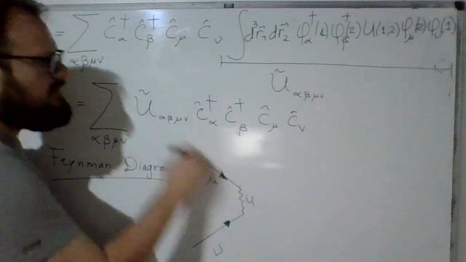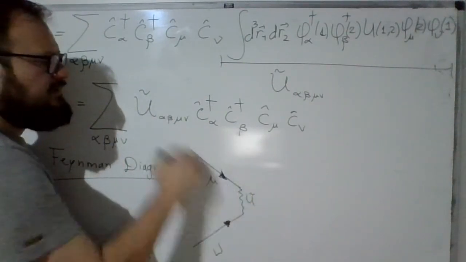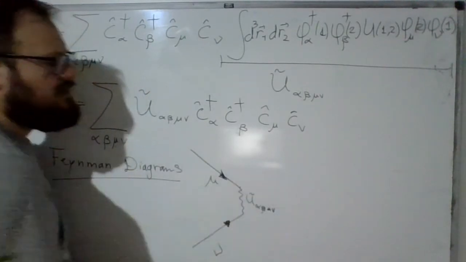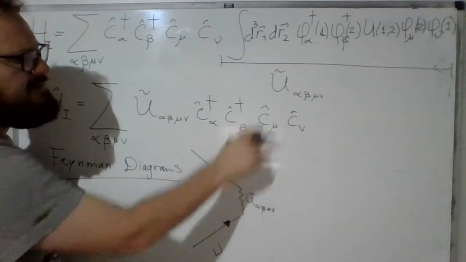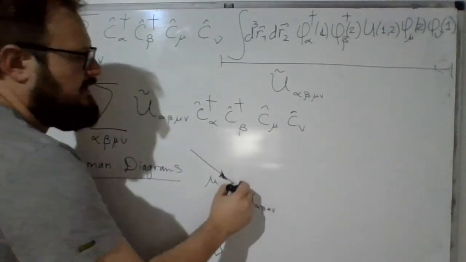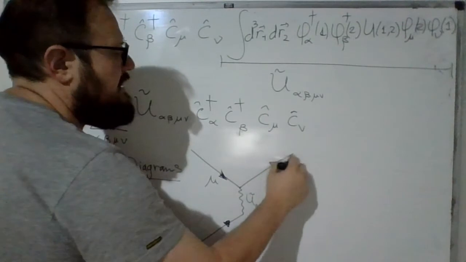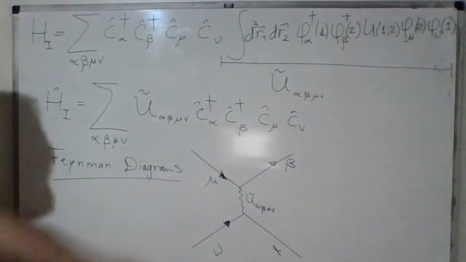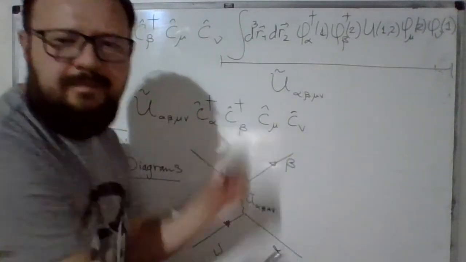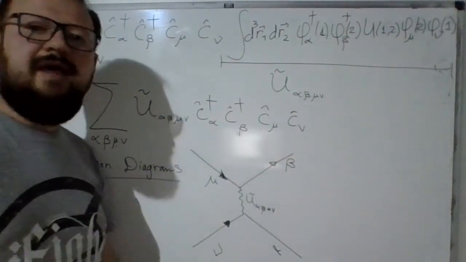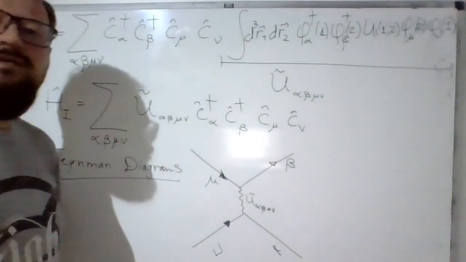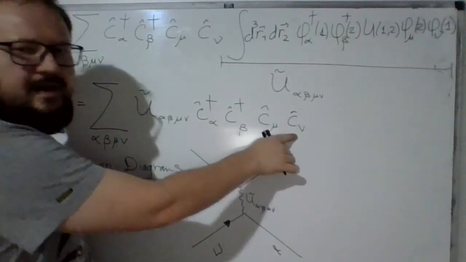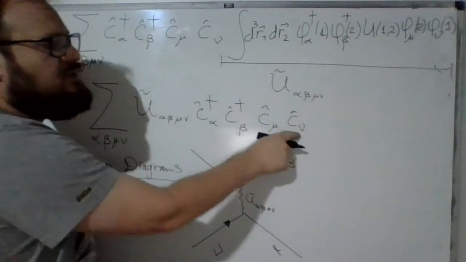The interaction is this matrix element alpha, beta, mu, and nu, okay. And in the end, what emerges? A state beta here and a state alpha here, okay. Or you can switch them because they are identical particles. All right. So suppose you have an electron in the state nu.